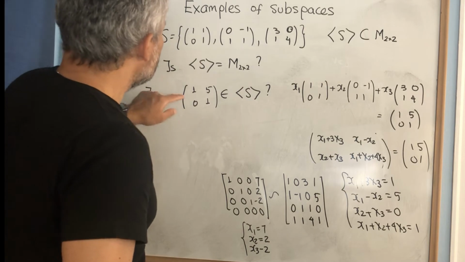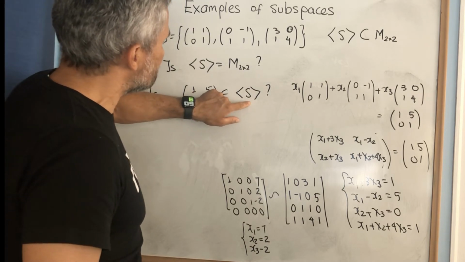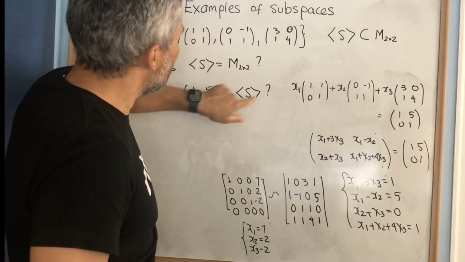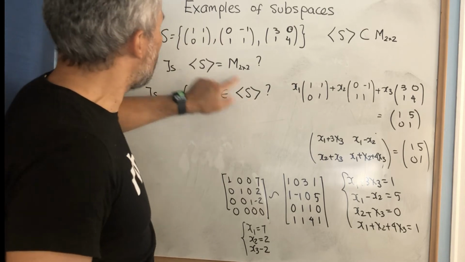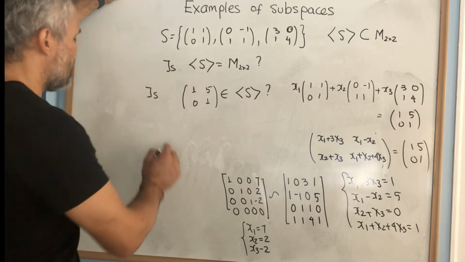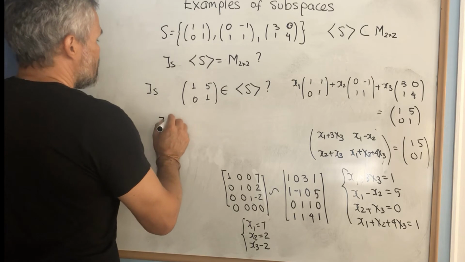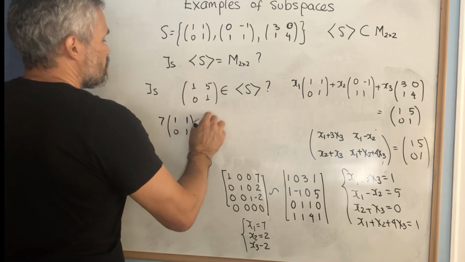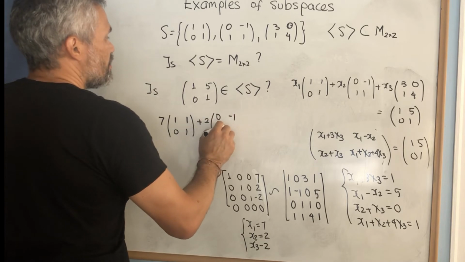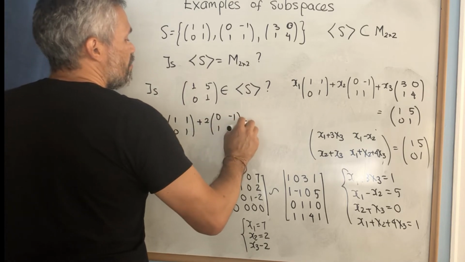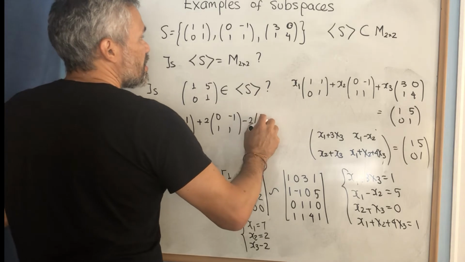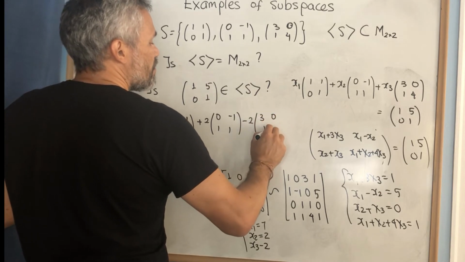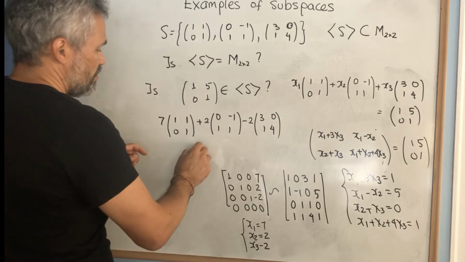That means that this matrix can be written as a linear combination of these three, and for that reason this matrix is in the span of S. Let's check that. 7 times 1, 1, 0, 1 plus 2 times 0, negative 1, 1, 1 minus 2 times 3, 0, 1, 4. And then what matrix is this?